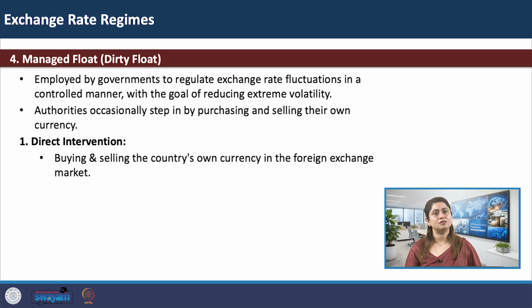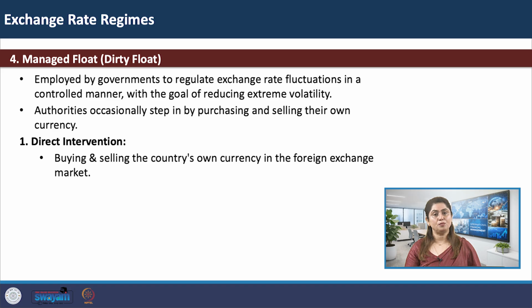How does intervention work? Central banks can intervene in two main ways. First one is direct intervention. The central bank enters the foreign exchange market, buys or sells its own currency. This increases the demand for rupee and supports the exchange rate.